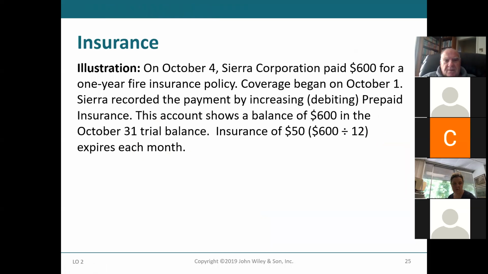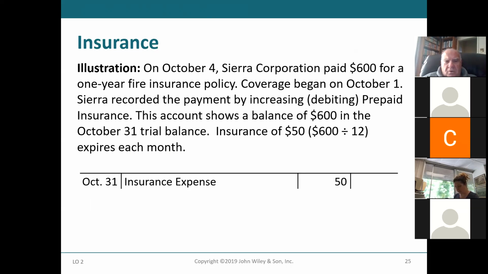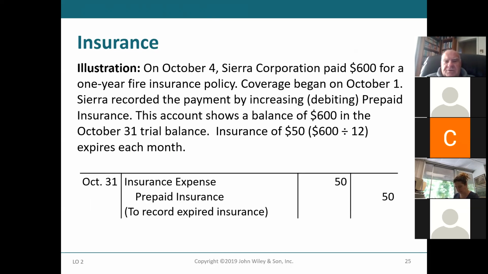Insurance. Here, they paid $600 for a policy for a year. So that's $50 a month. They bought the policy on October 4, and they debited prepaid insurance for $600 and credited cash. Now, at the end of the first month, they had insurance coverage, right?